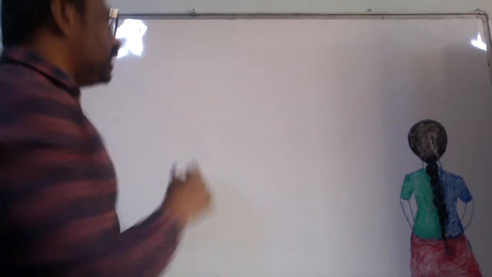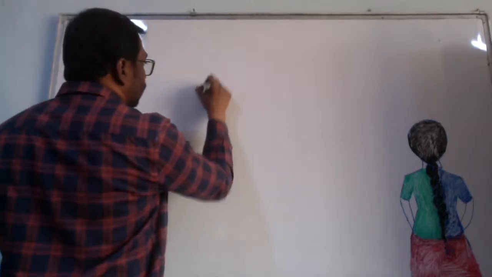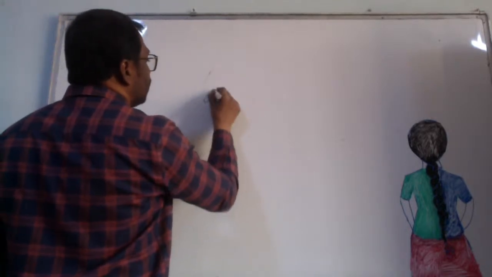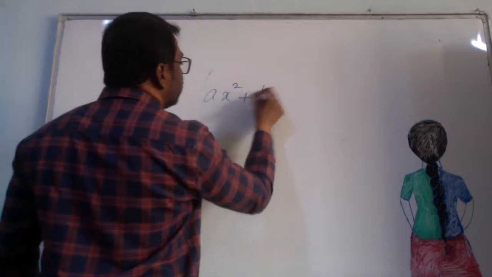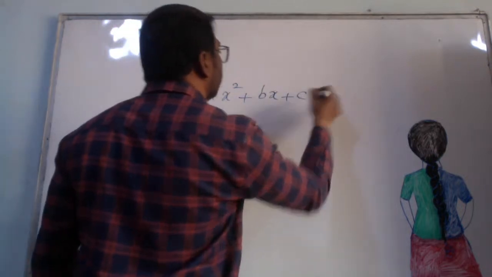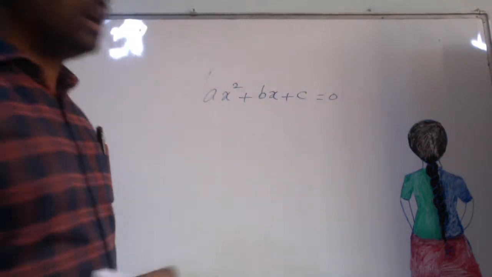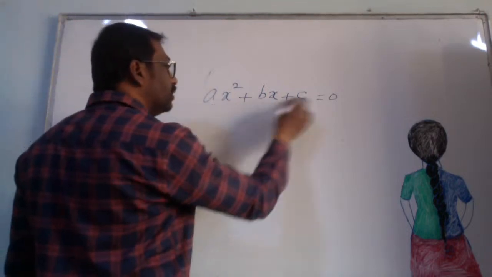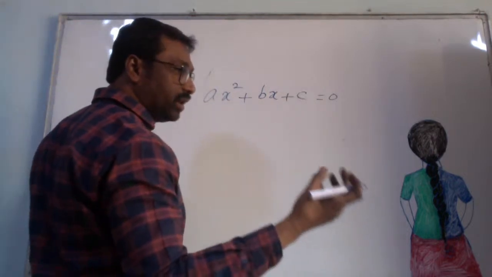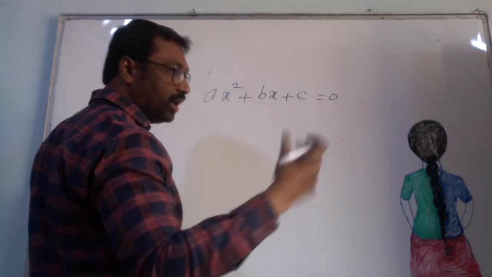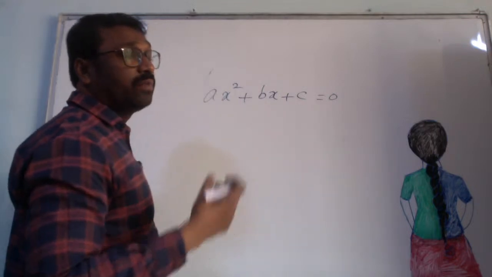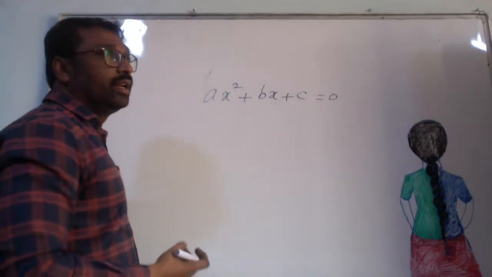Okay. So the roots of the quadratic equation ax square plus bx plus c equal to 0, we can find by the factorization method, completing the square method, and quadratic formula method. Okay.